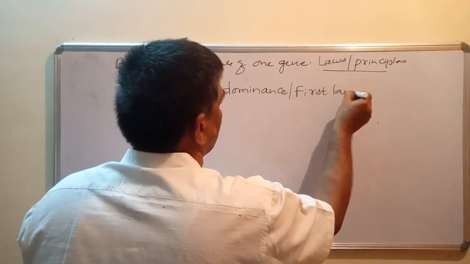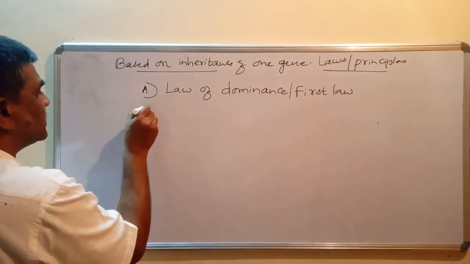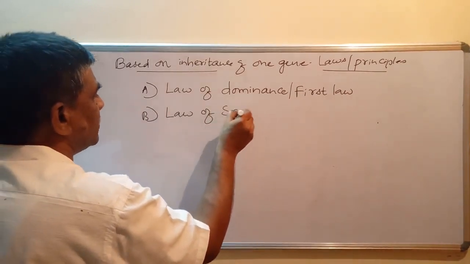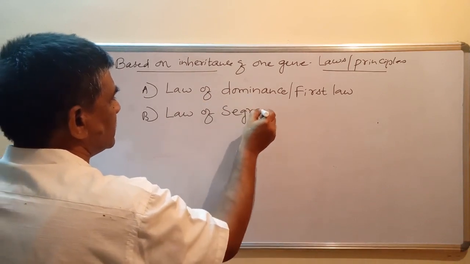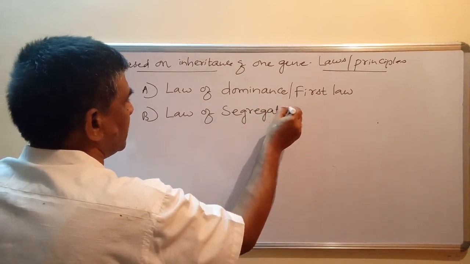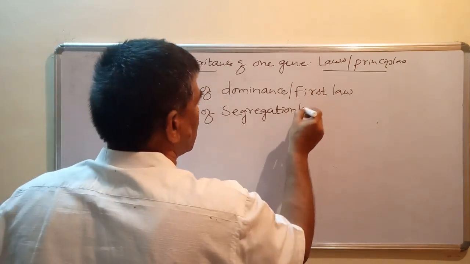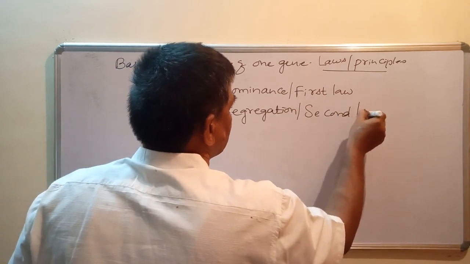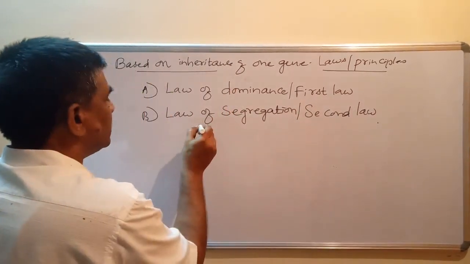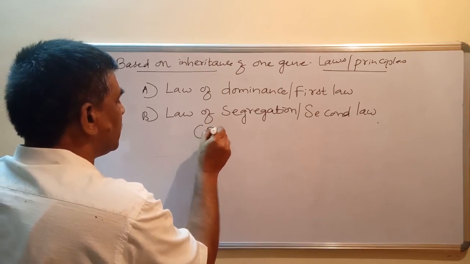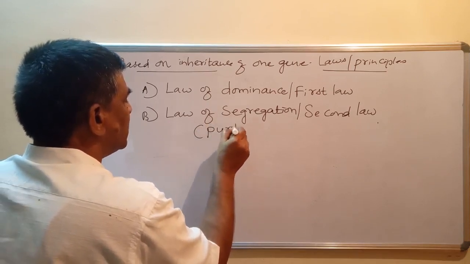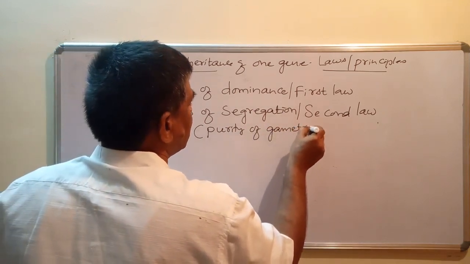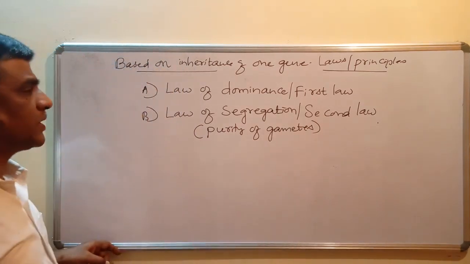Another law is called the law of segregation, which is also called Mendel's second law. This law is also called purity of gametes, but that is not mentioned in our textbook.